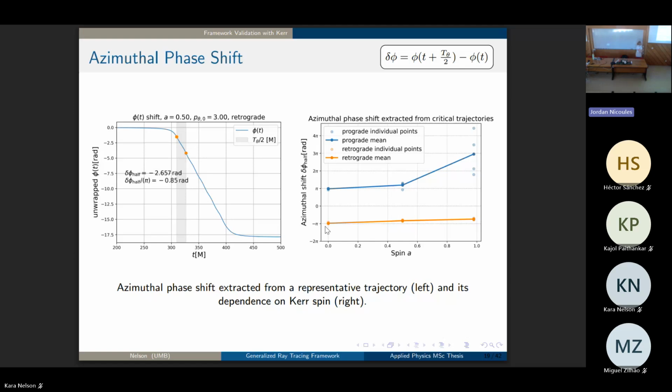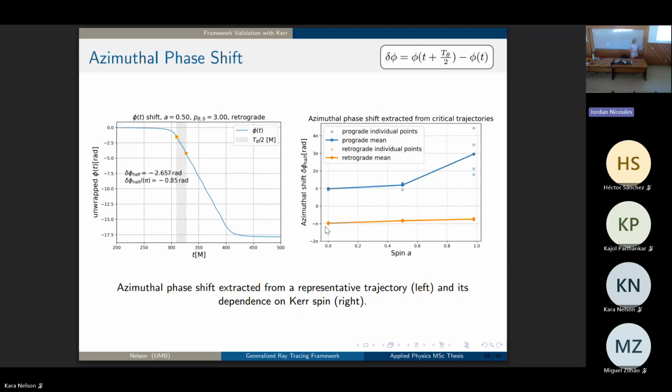What I think is interesting is the retrograde is pretty consistent throughout the increase of spin, but I think it's just staying far away from this photon region due to frame dragging. And then you can see it start to increase for prograde, which again makes intuitive sense because we know the extreme case is going to be pulled into this photon region further and spin around the black hole.